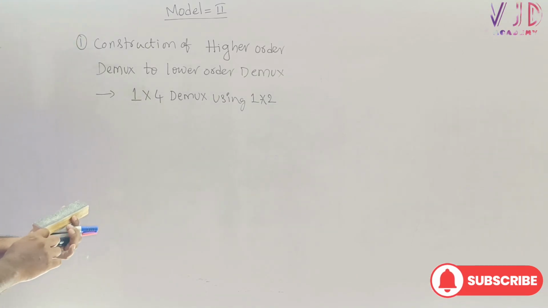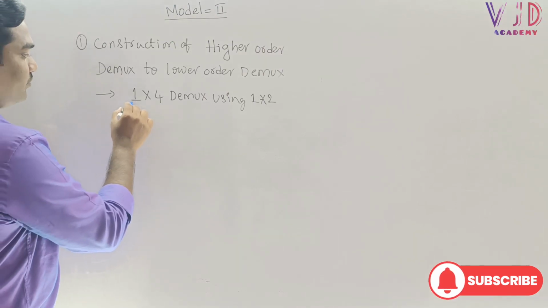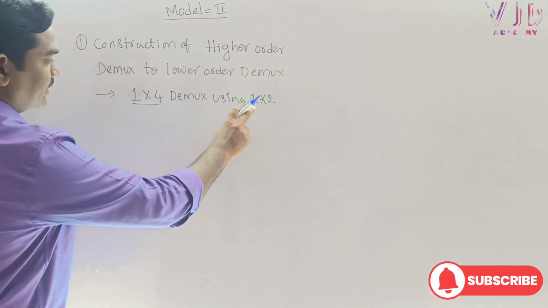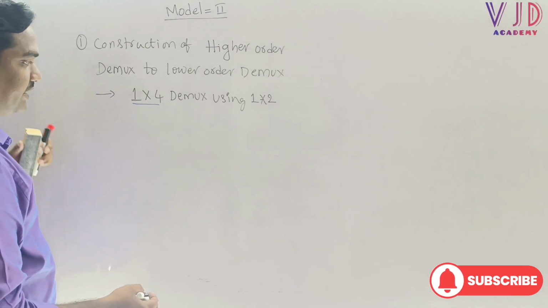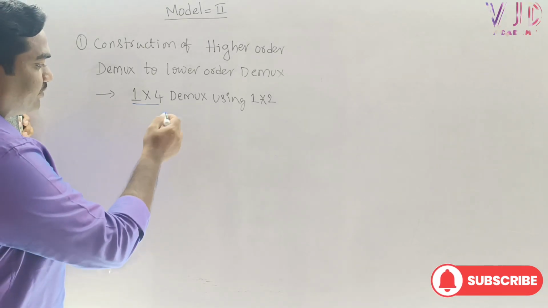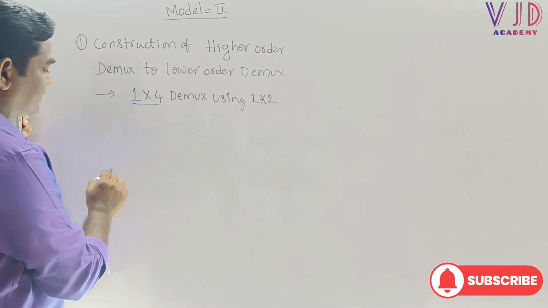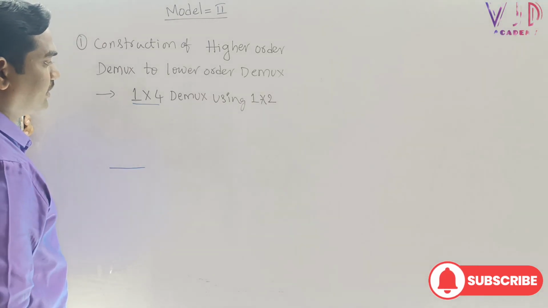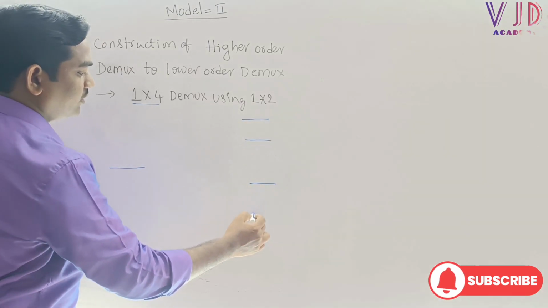Let us see. Here we need to construct the final 1 into 4 demux with the help of 1 into 2 demux. Based upon the question, there should be one input and 4 outputs, which are 1, 2, 3, 4.